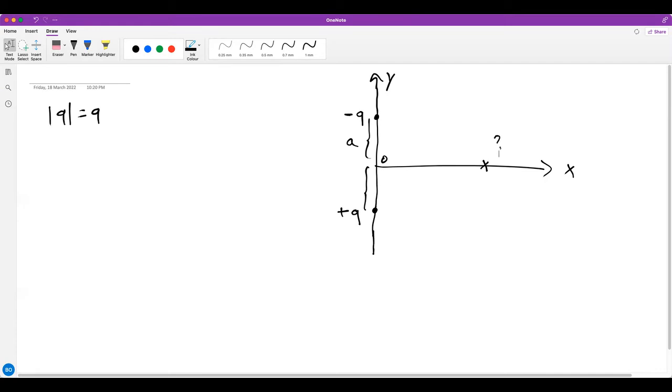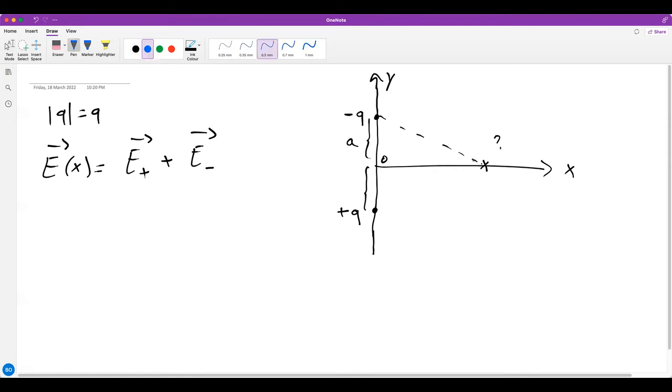We know that the electric field is a vector, and the vector follows the superposition principle, which means the electric field created at this point x will be the combination in vector of the electric field created by the positive charge plus the electric field created by the negative charge. Let's talk about the negative charge. To do this, first I extrapolate, and the electric field created by the negative charge will be inward.